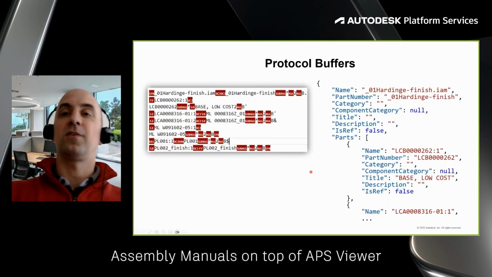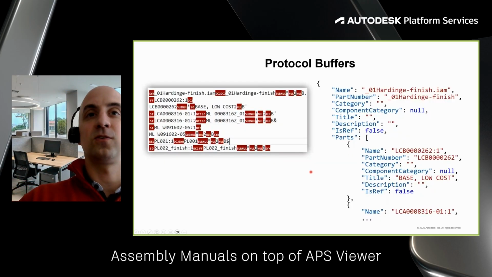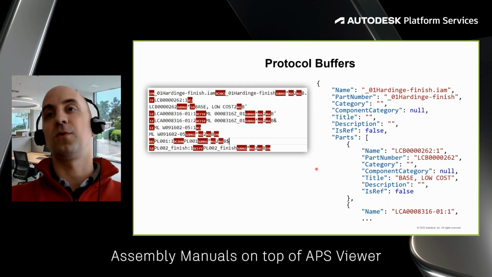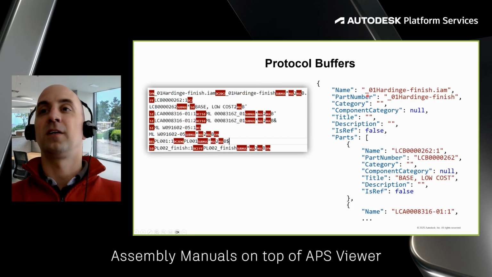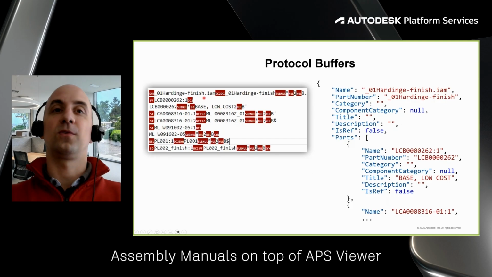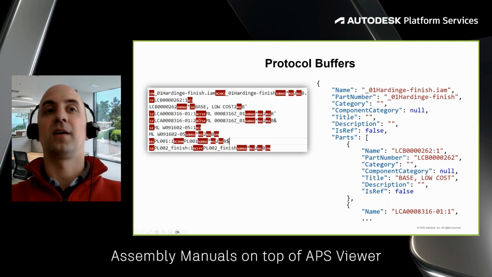So as for the BUF file, we've decided to use something called protocol buffers. On this slide, you can see on the right-hand side data represented as JSON, and the same data on the left shown in the protobuf format.